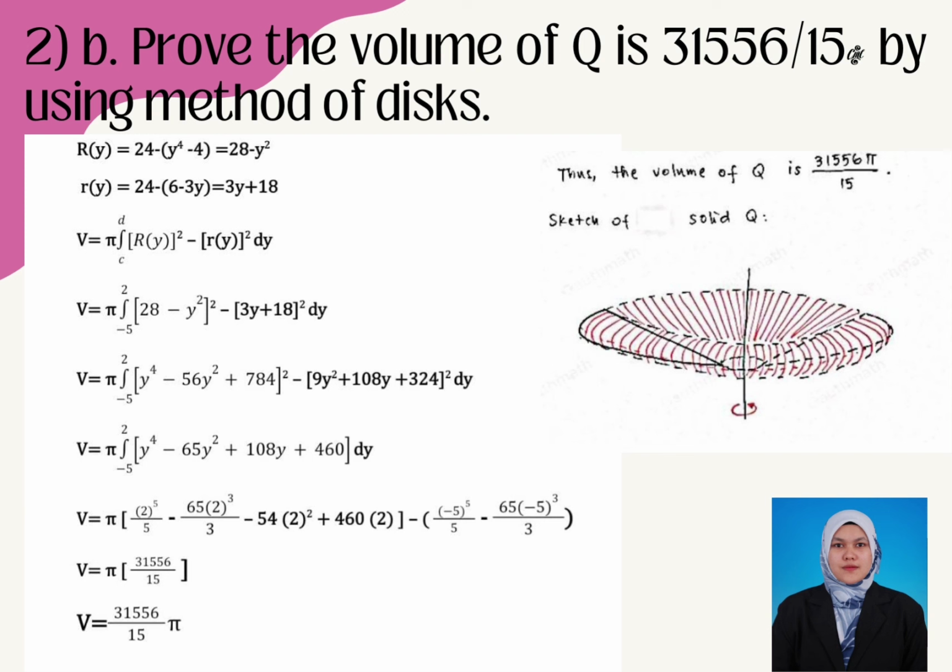Next, V equal to π integral from −5 to 2 of (y⁴ − 56y² + 784) minus (9y² + 108y + 324) dy.